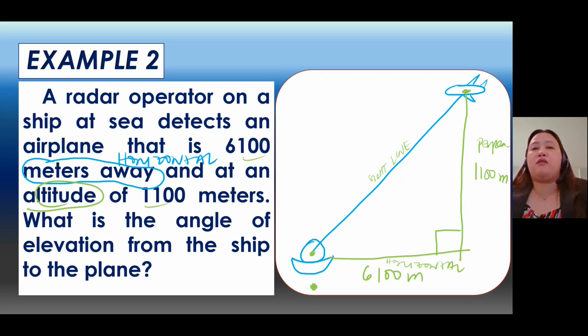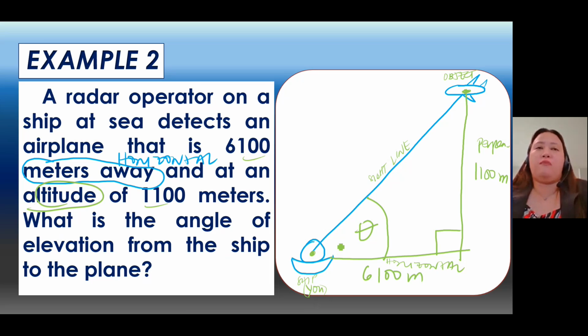So this radar, this ship, will serve as you, because you detect the airplane. The airplane will become the object. Since this is you, remember that the angle of elevation, the angle of depression is always near you. So this is the theta.